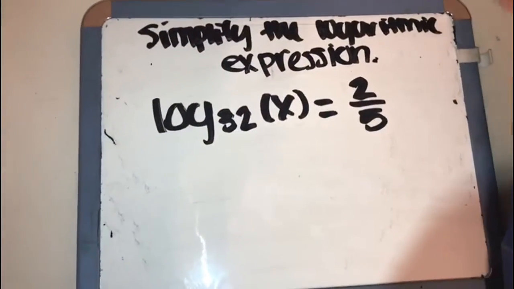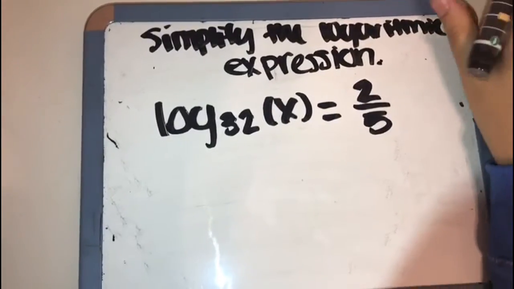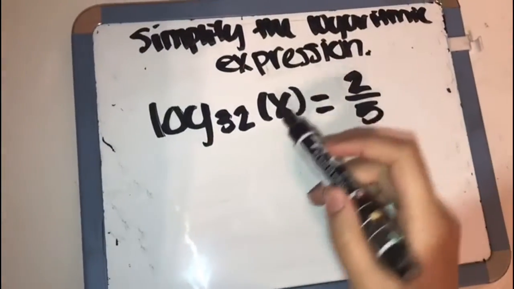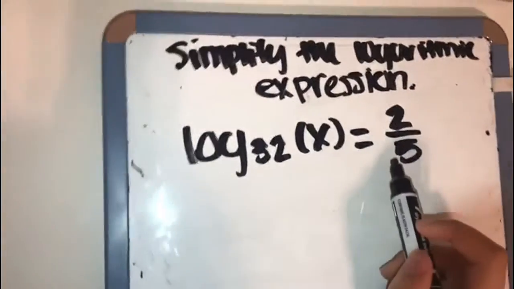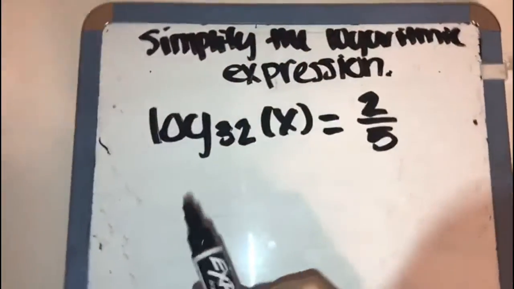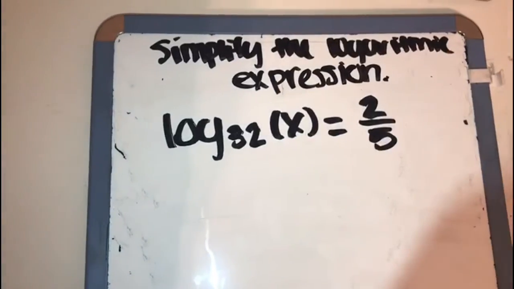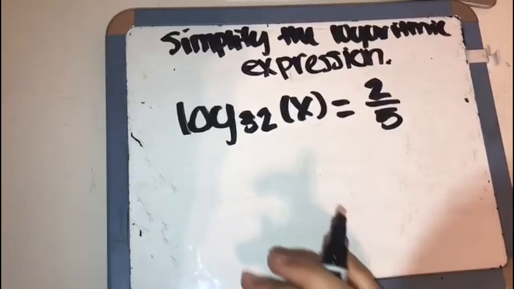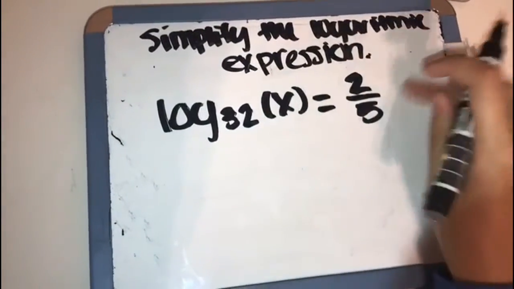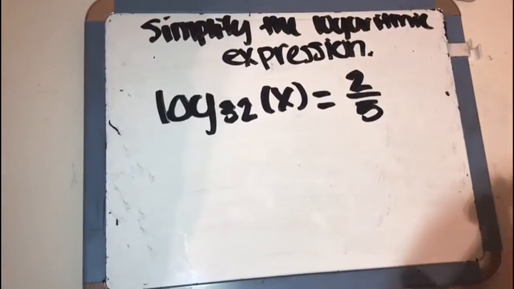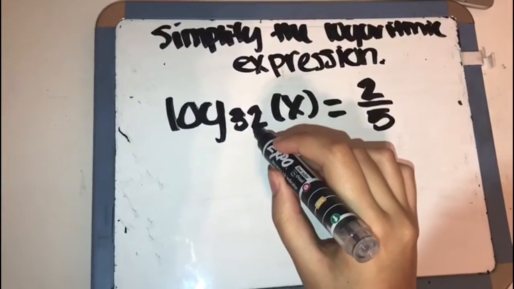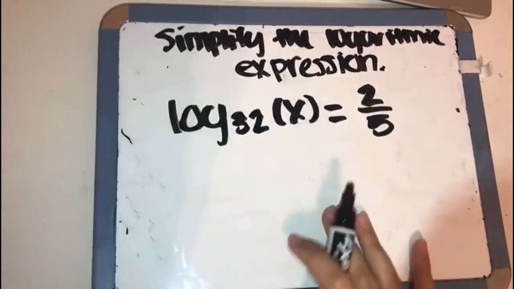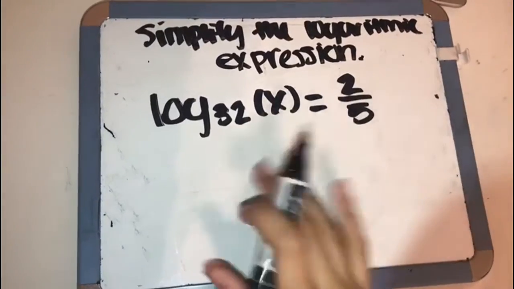Now, if you think about it, you will see a connection between 32 and 2/5 if you look at a calculator or a problem, or if you calculate it yourself or analyze it. So what you're going to do first is see what 32 to the 2/5 simplifies to. If you learned in my first example, I showed you how it changes from exponential form to logarithmic form.